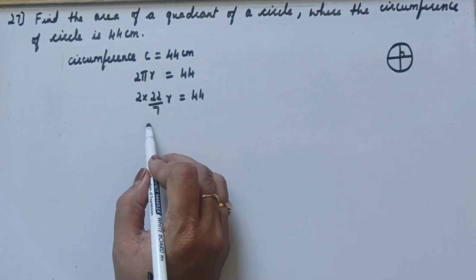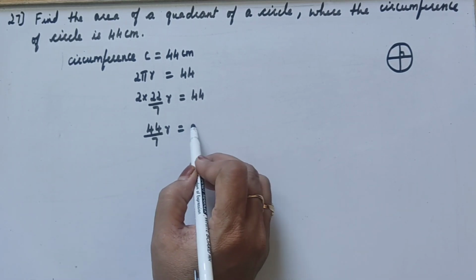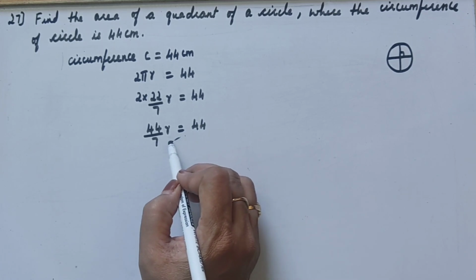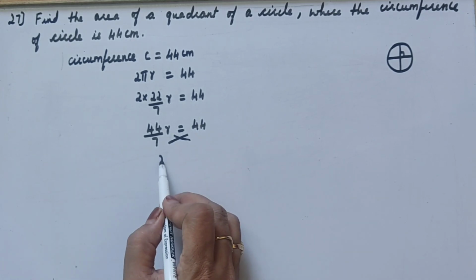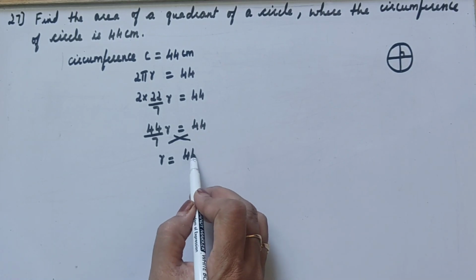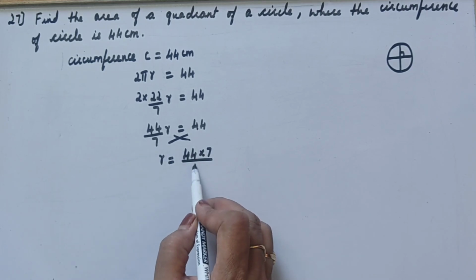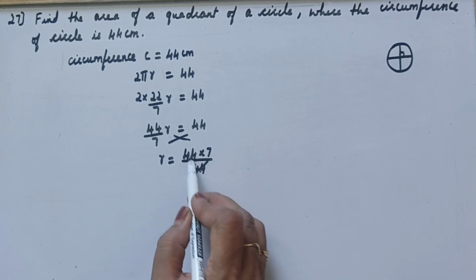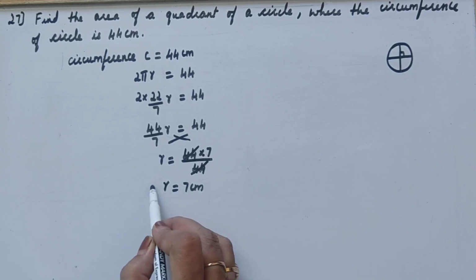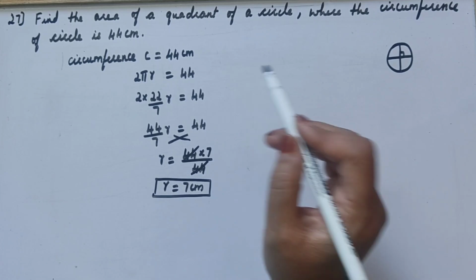Now 22 into 2 is 44 upon 7, r equals 44. Now let me do cross multiplication. r equals 44 times 7 over 44. 44 gets cancelled. So r equals 7 centimeter. We got the radius of the circle.